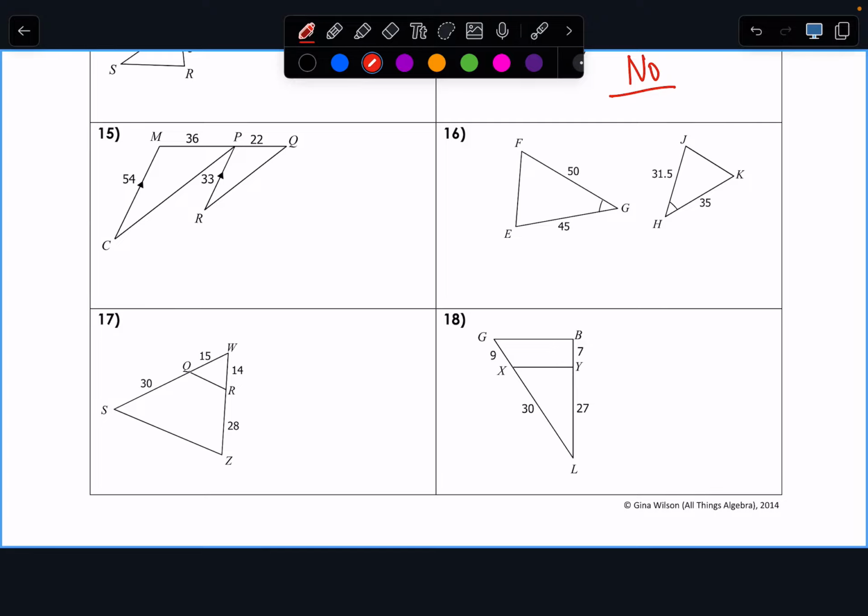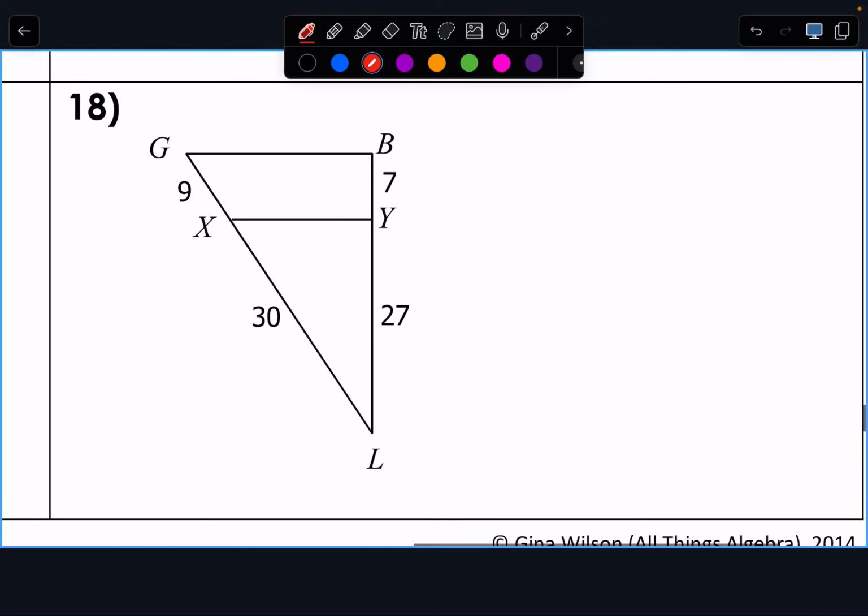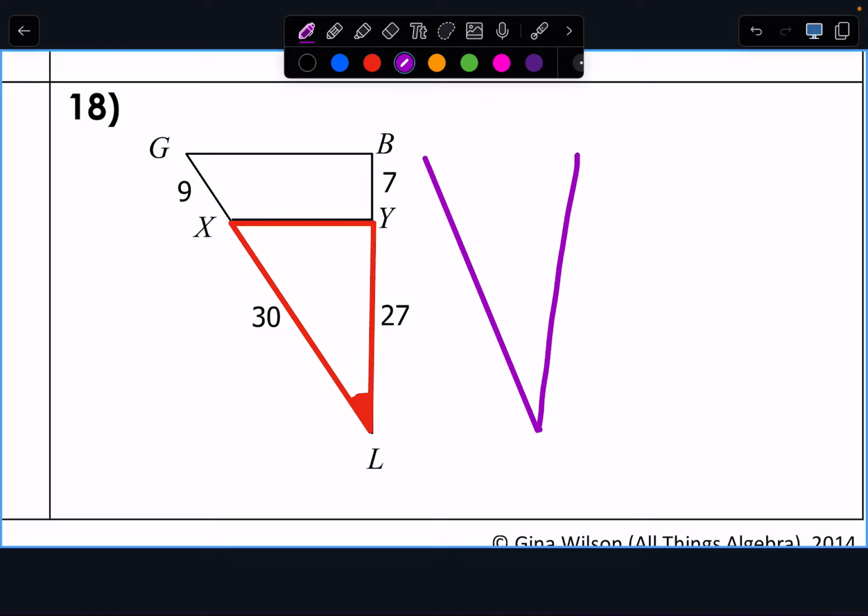Right. Number 18, this is weird. I only know 2 sides from each. Do I have an angle? Yes. We share angle L. So we have this red triangle, and technically, if I redraw it, our big triangle is GBL, 39 and 34.